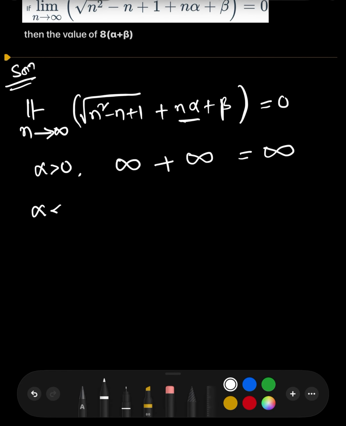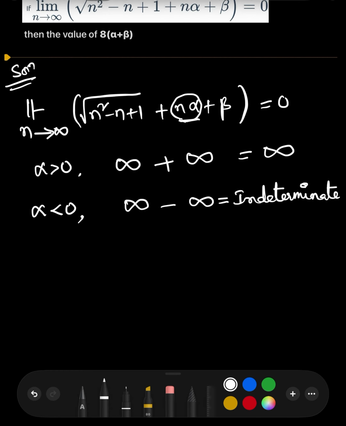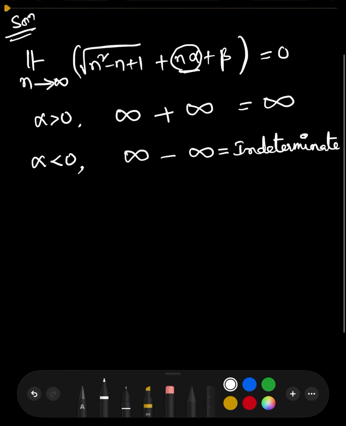But if alpha is less than 0, it will become infinity minus infinity, which is an indeterminate form that can be solved further. So keep in mind that alpha will always be less than 0 in this question.